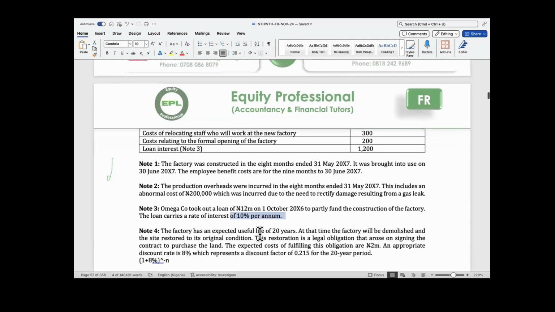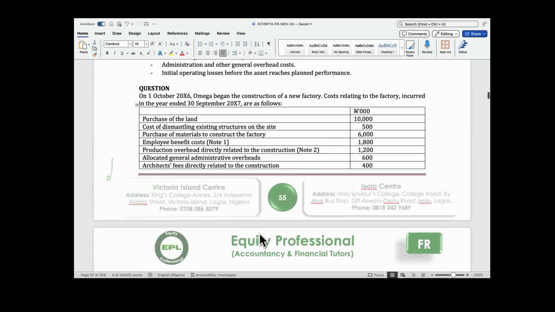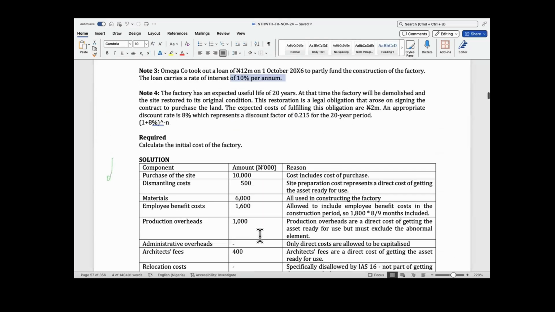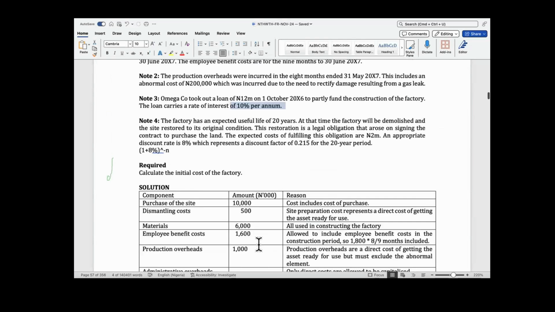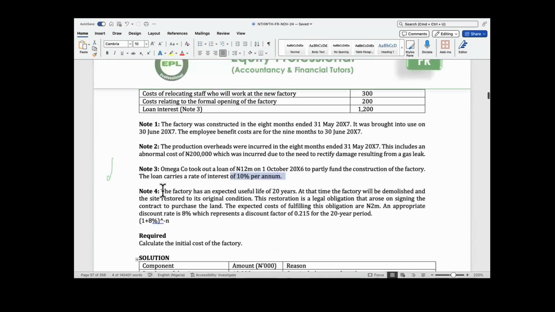So, we have touched on all these scenarios, and this is the solution here. I'm sure you have the notes with you. But there is one last one in note 4. They say that the factory has an expected useful life of 20 years. At that time, the factory will be demolished and the site restored to its original condition.